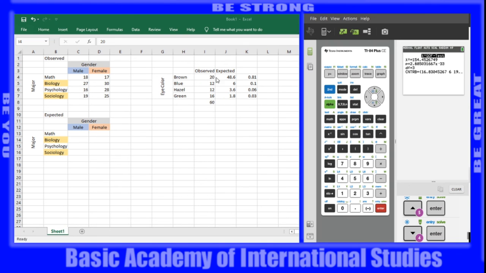Go ahead, build your two-way table with those observed and expected. Put them into your lists. Finally, run the goodness of fit test with the number of degrees of freedom equaling the number of categories minus 1.